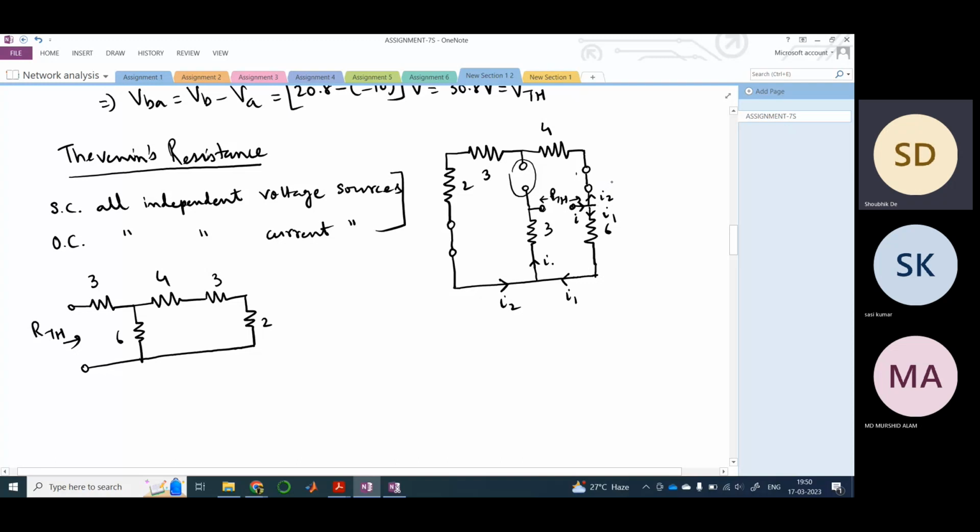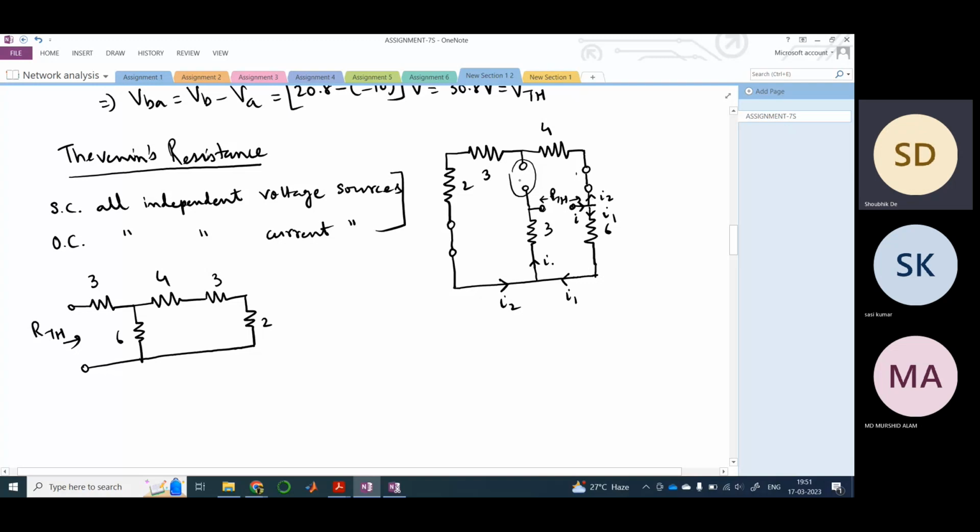Because in two parallel paths, the current gets divided. In a series combination, current is same. In parallel, the current is unequal, we add the two currents. So therefore, this current I is getting divided into two paths, right?